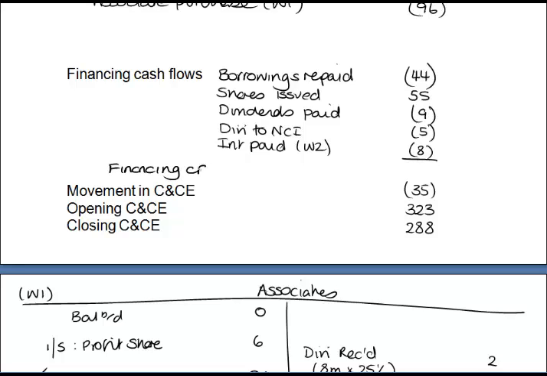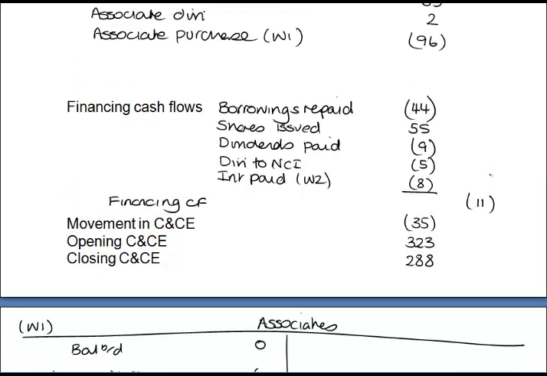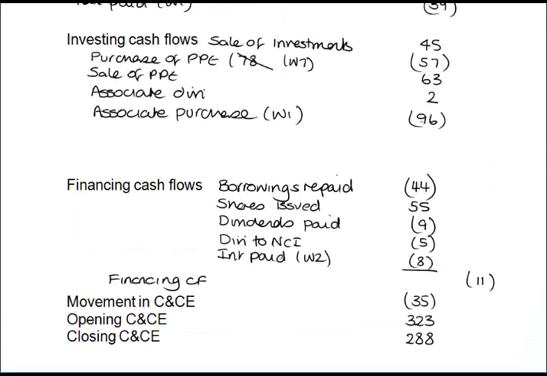So financing cash flows, if you add those all up, comes to an outflow of cash of 11. If we take a look at our investing cash flows, (45 plus 57 minus 12), that gives us an overall cash outflow of 43.